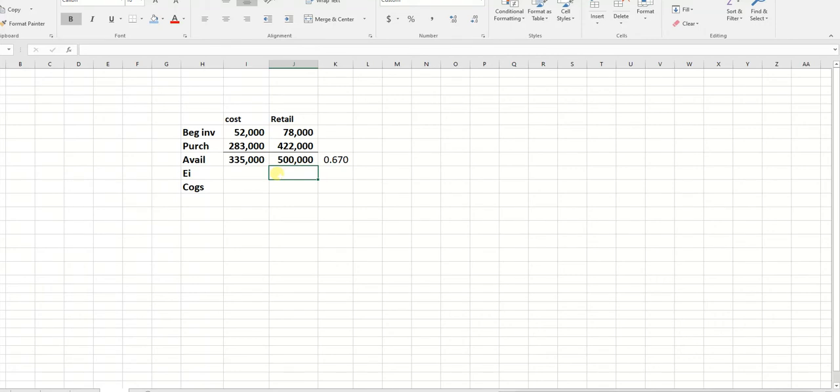So if I count my inventory at retail and I find out it is $96,400, I know that my cost is 67% of retail, and so I get $64,588. Simple as that.